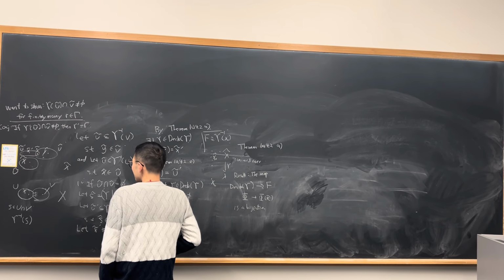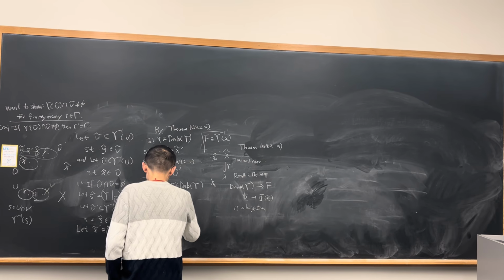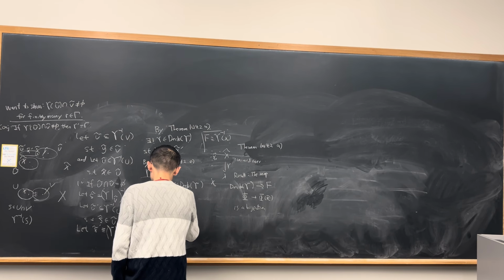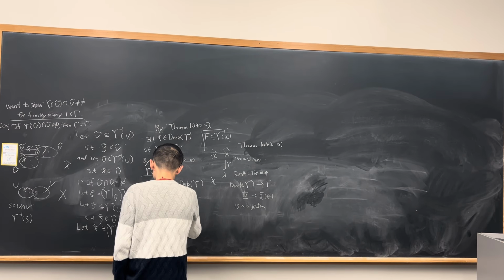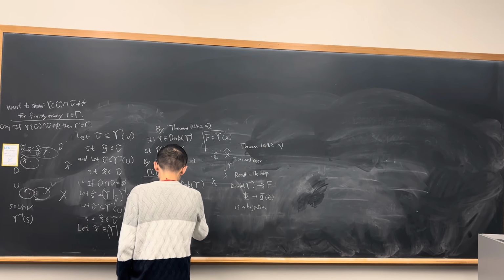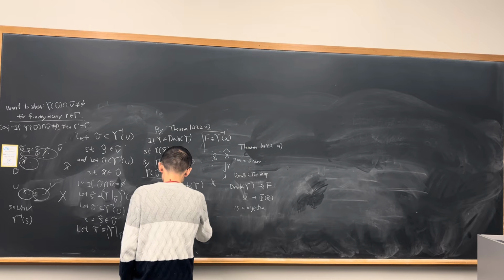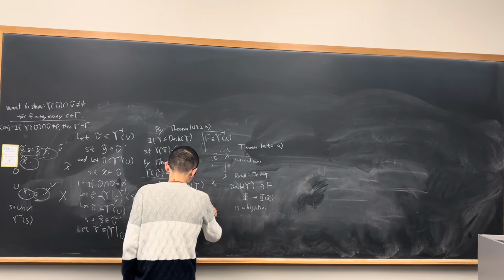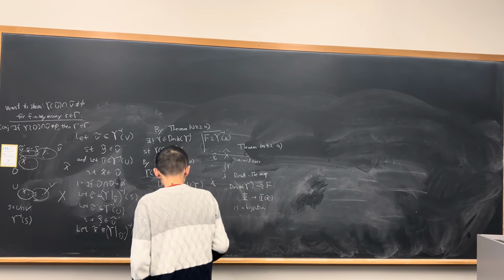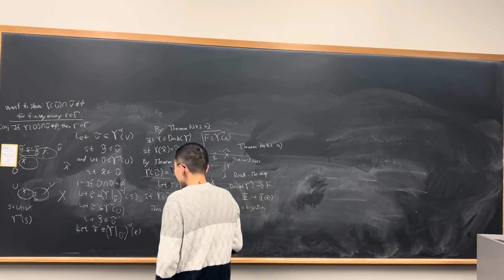Let's say there exists a C tilde, let C tilde be in the gamma prime of U tilde intersect the V tilde, the gamma prime of V tilde intersect the V tilde.